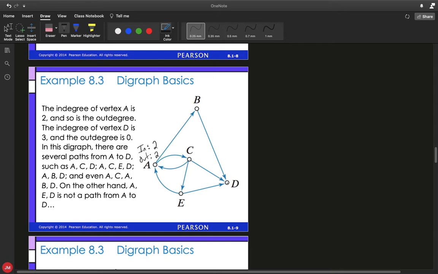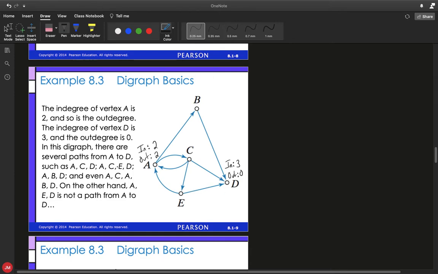Let's take a look at D next. So for vertex D, our in degree would be 3. There are 3 different arcs which come in to vertex D. However, our out degree is going to be 0. Notice that none of the arcs which are connected to D actually come out of D, so your out degree would be 0.